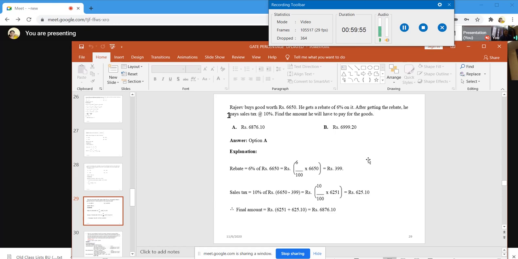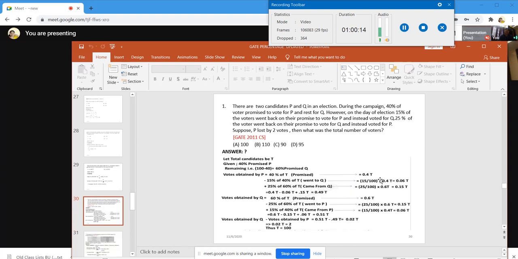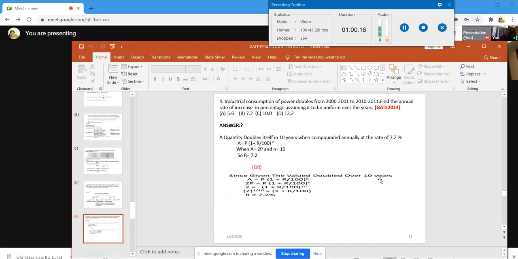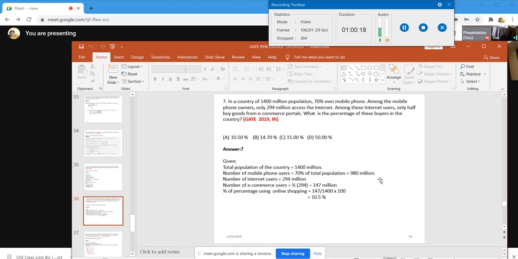For that only he has to pay 10% tax. 10% is 10 by 100, so 10 by 100 into the actual amount 6,251. The answer is 625. Now what is the total amount? Actual amount of the material plus tax, so 6,876. Likewise, so many problems I have shared with you as reference, and you just go through them.